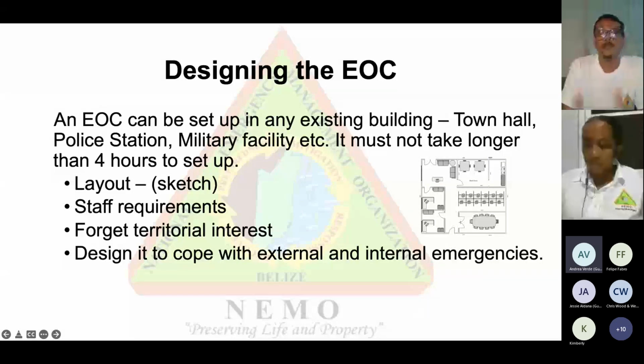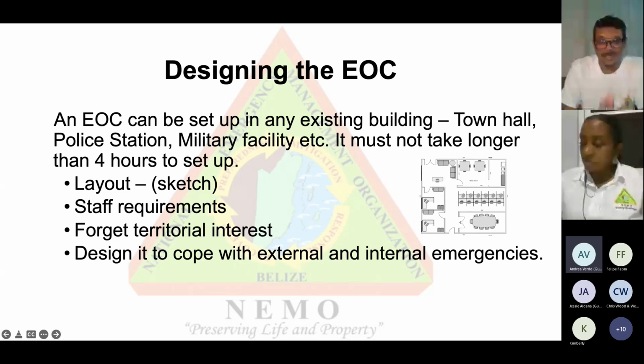But it can be any building that offers the safety of the occupants and is functional, right? It has to be functional. Can't have an EOC where you can't take a shower or can't eat, that kind of thing, right? And you don't have communications and so forth.